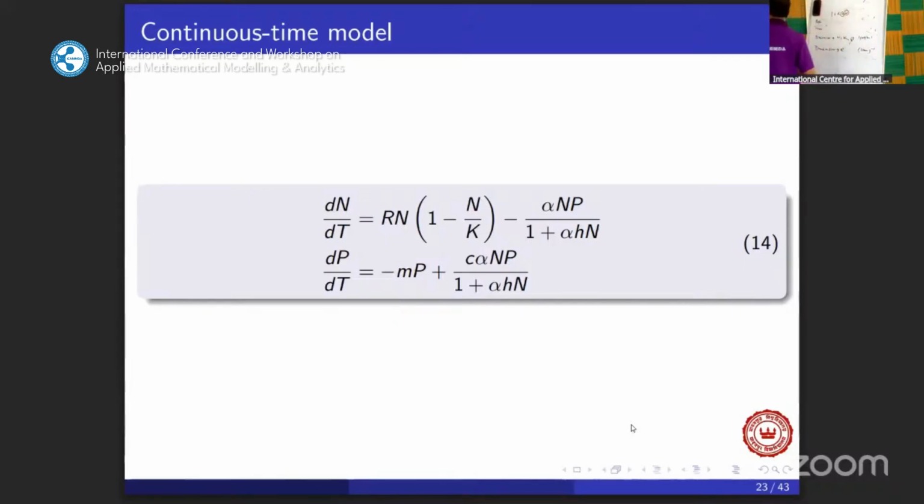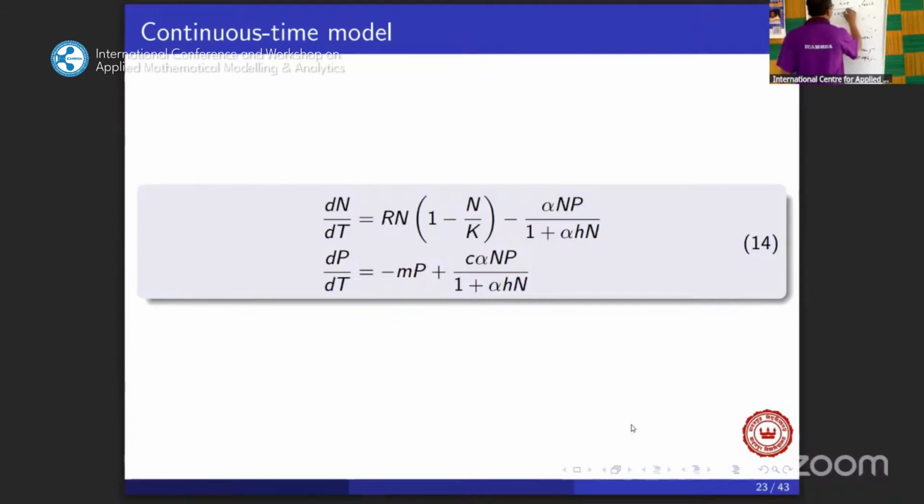We take the dimension of H as population inverse, and alpha is a scalar quantity. What will happen? No. See, this 1 is written here. So what is the dimension of alpha? You have to find it. So you have to change this. What is the upper side? Alpha N, N is population, we get population squared. But we need population per time.